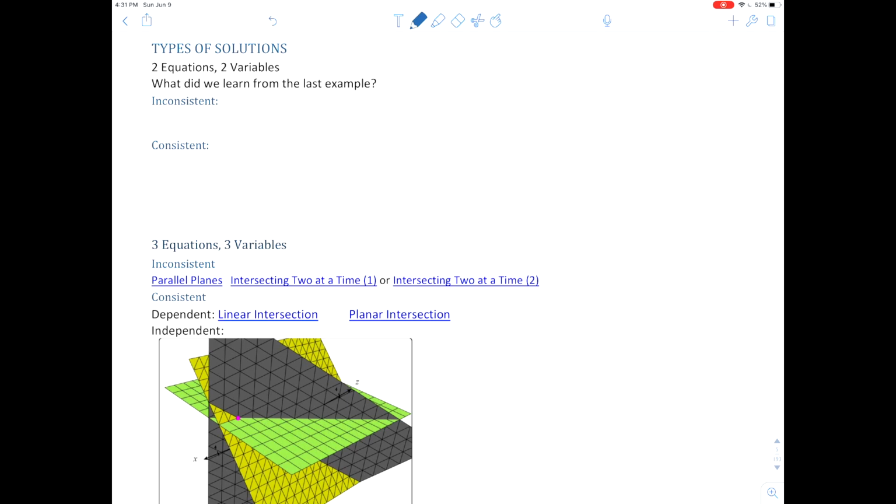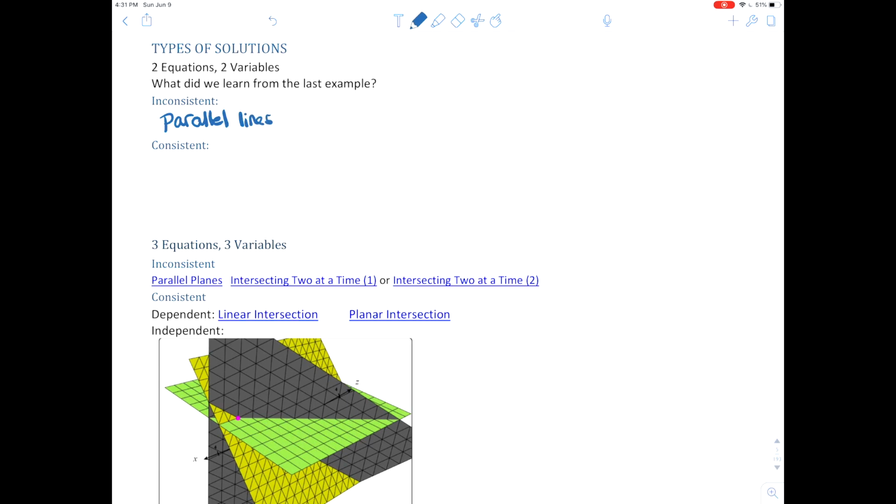Now, so what did we learn from the last example? What does a picture look like? The only picture for an inconsistent system is parallel lines, right?